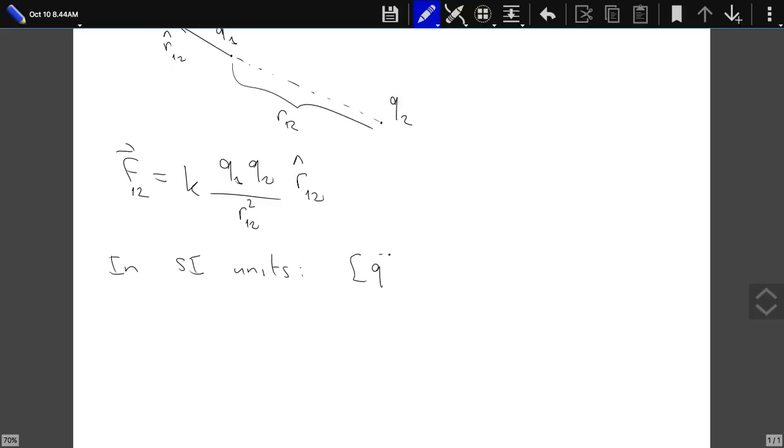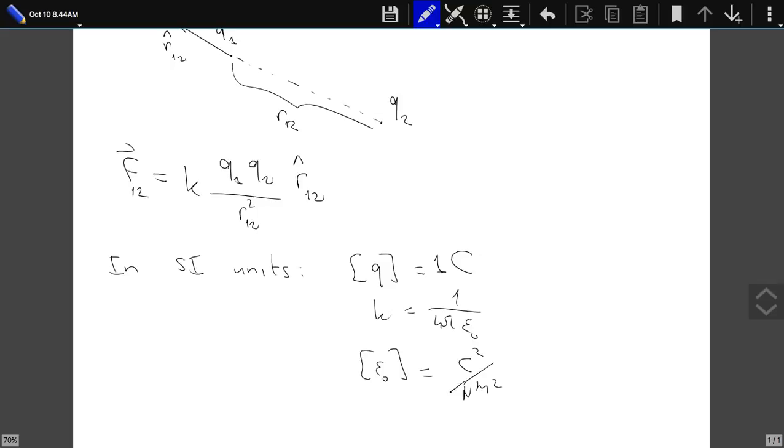The unit of charge is Coulomb, and this K is equal to 1 over 4 pi epsilon 0, epsilon 0 being the permittivity of space. It has some numerical value. Its unit is Coulomb squared divided by meters squared Newton.